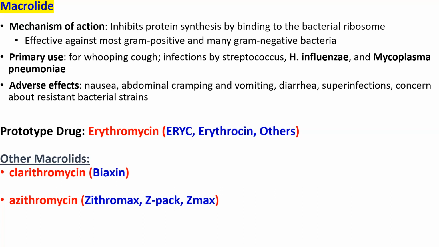Azithromycin has an extended half-life and is usually administered for 5 days instead of 10 days. So we have something called a Z-pack: azithromycin, 5 tablets, 2 tablets of 250 milligrams given the first day like a loading dose, and then the other 3 tablets given once daily.